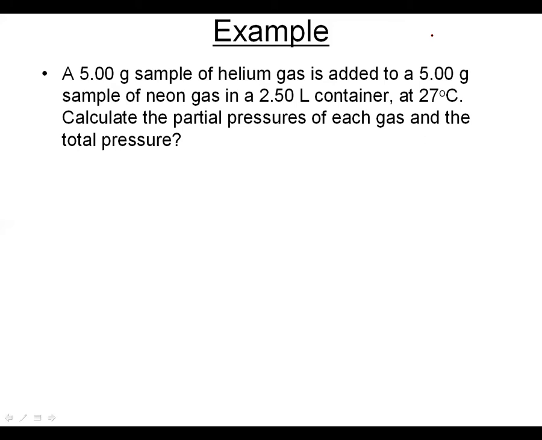And neon is 20.18 grams per mole. You should have three answers: two partial pressures, and then a total pressure. So take a minute or two, and then we'll talk about it.